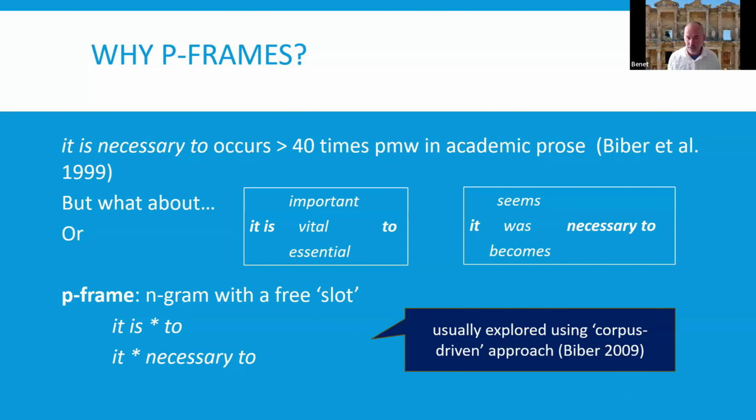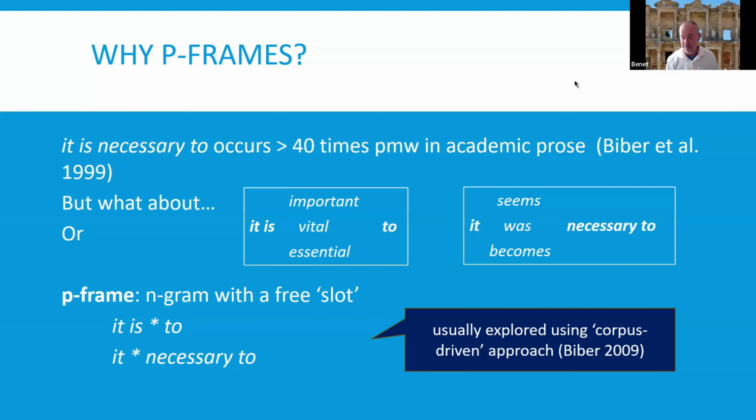The approach that's usually used is what's called corpus driven. This means you don't decide in advance what the corpus is going to tell you. You use software automatically on a corpus to tell you what's in there, and then you interpret what it tells you. So that's the approach we're going to take today.